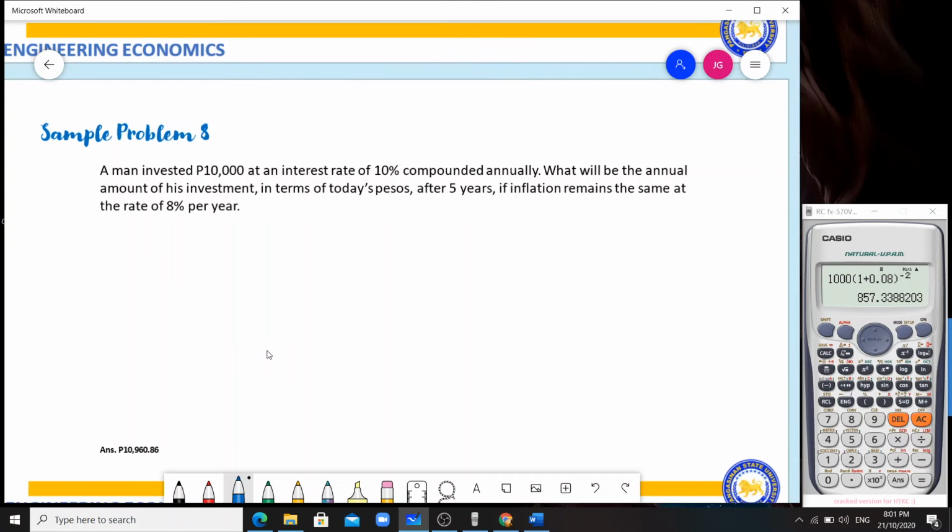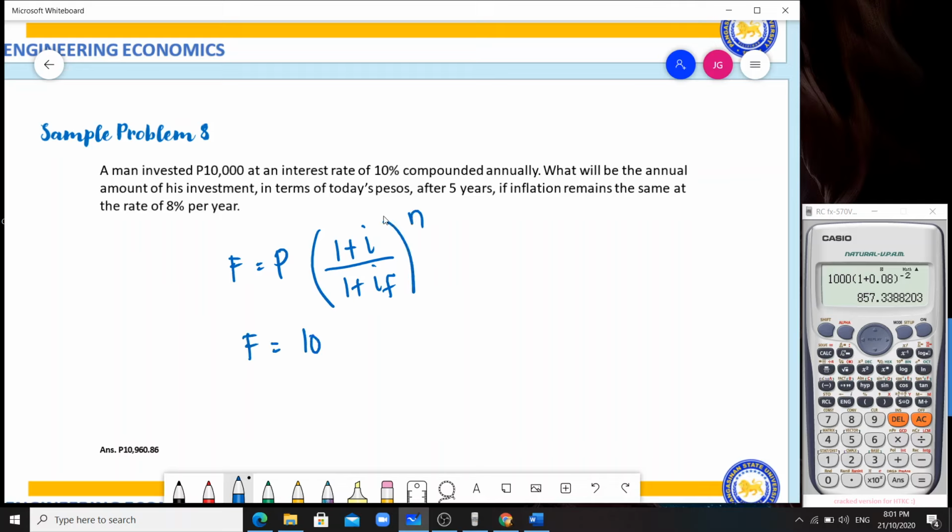Ayan, a man invested 10,000 at an interest rate of 10% compounded annually. What will be the annual amount of his investment in terms of today's pesos after 5 years if inflation remains the same at the rate of 8% per year? 'Di ba may formula tayo kanina dyan na F is equals to P times 1 plus I over 1 plus the inflation rate raised to N. Ayan, yung gagamitin natin.